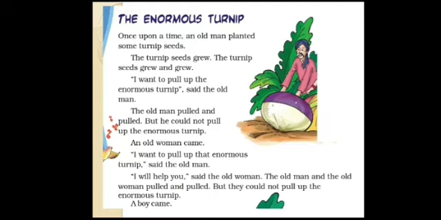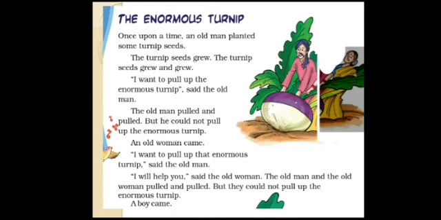Next, the old man pulled and pulled. The old man, which old man? The old man who planted the turnip seeds, that old man. So that's why "the" is used. The old man pulled and pulled, but he could not pull up the enormous turnip. Then what happened? An old woman came. That's why in the beginning I told you to concentrate on the sequence.